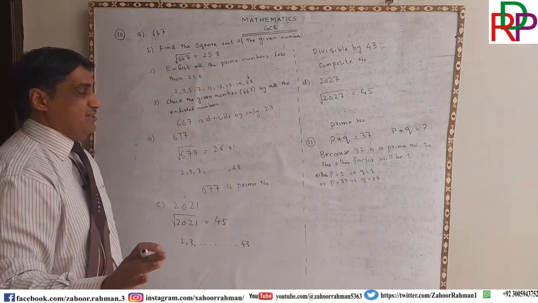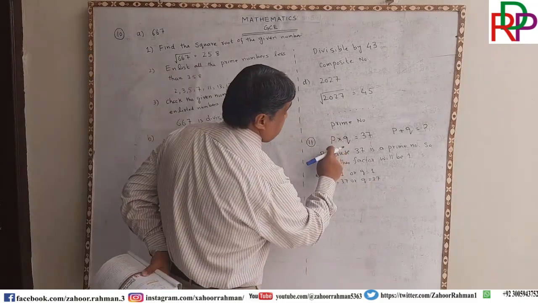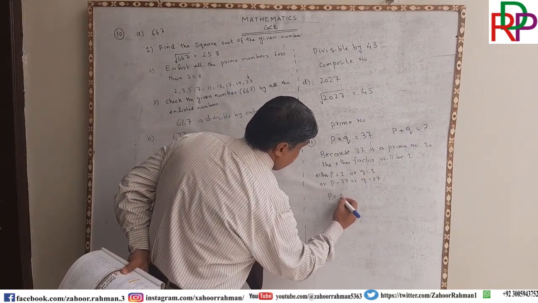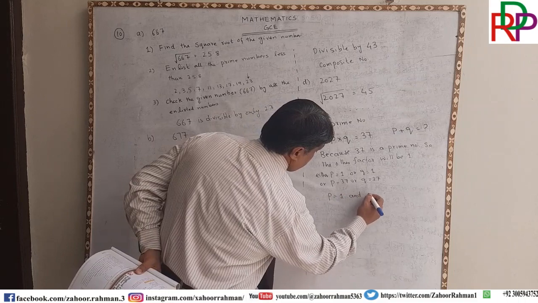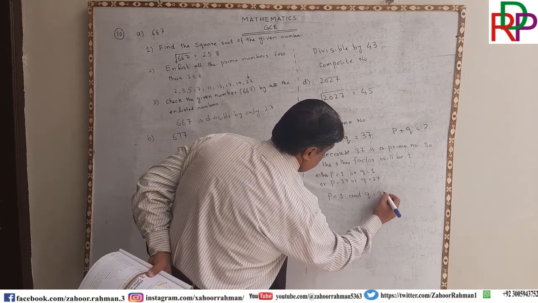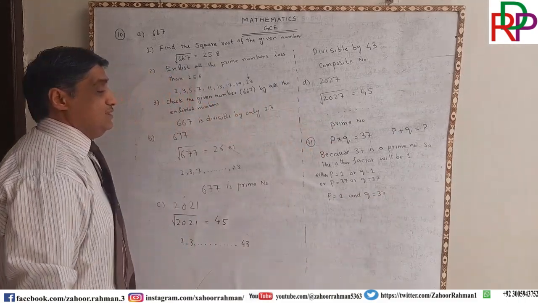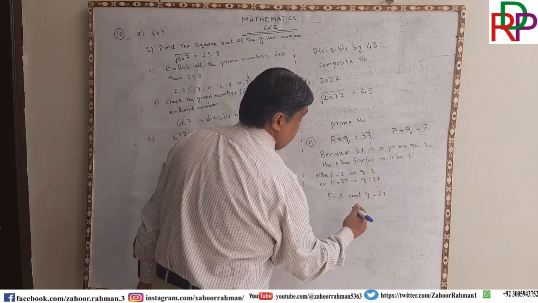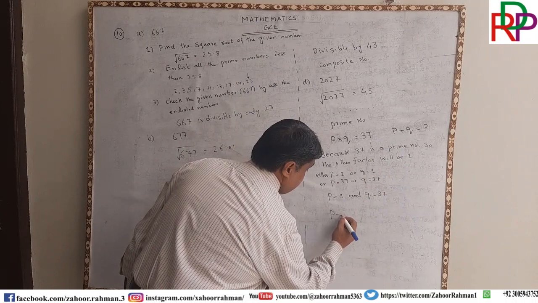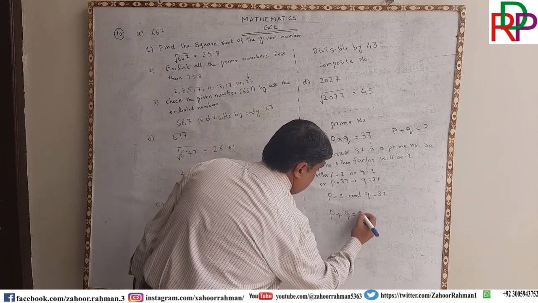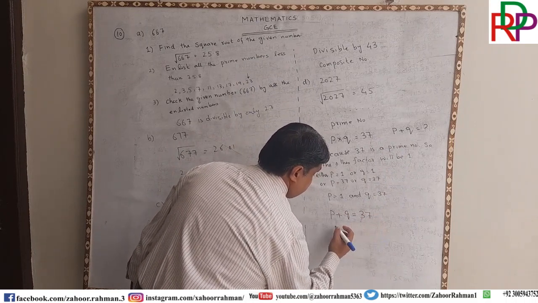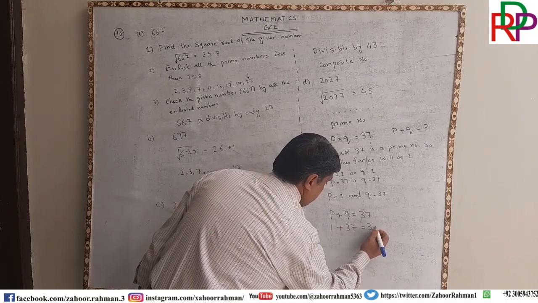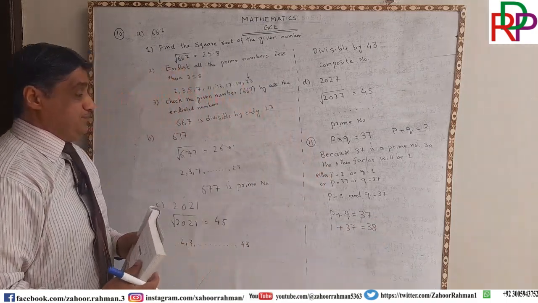So P is equal to 1 and Q is equal to 37. We have to find P plus Q. So 1 plus 37 is equal to 38 is the answer.